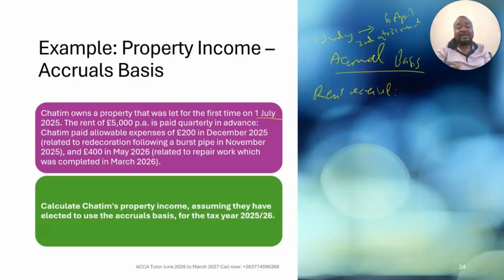The other way of looking at it is that that income is for the quarter from 1st April ending 30 June, so it is not part of our period for tax purposes. The relevant period is from 1 July to 31st March. That is 9 months. So the rent received is going to be 9 months over 12 multiplied by the £5,000.